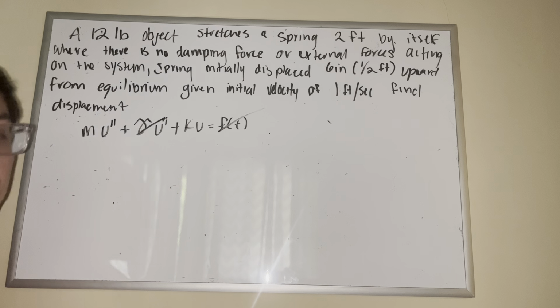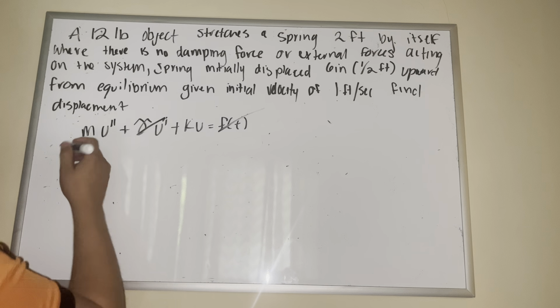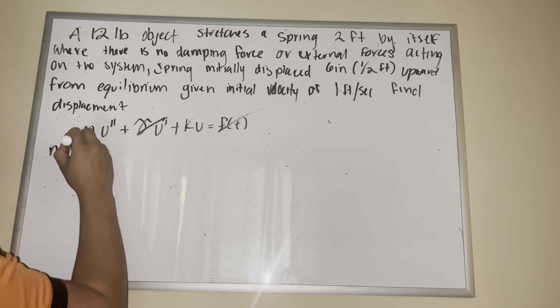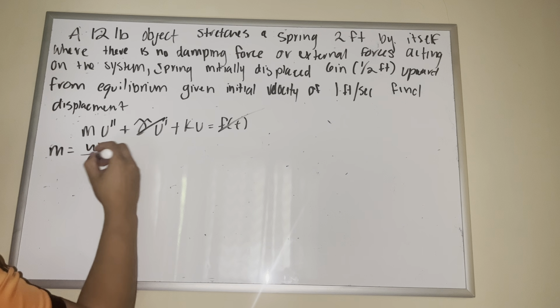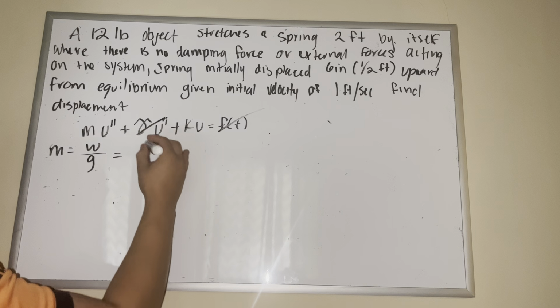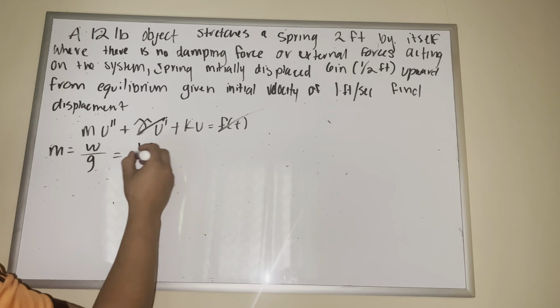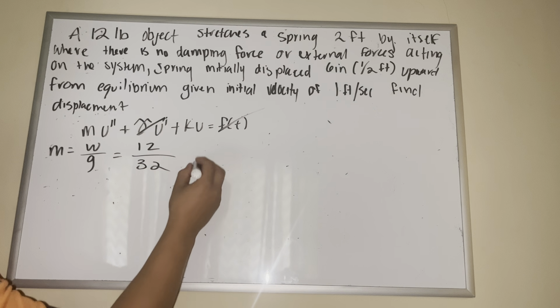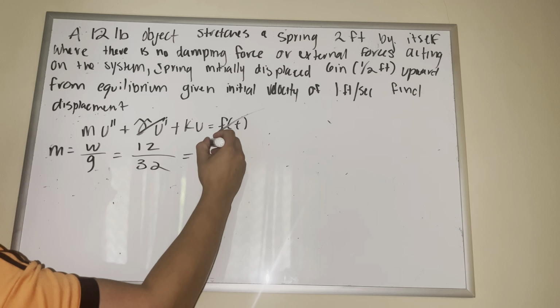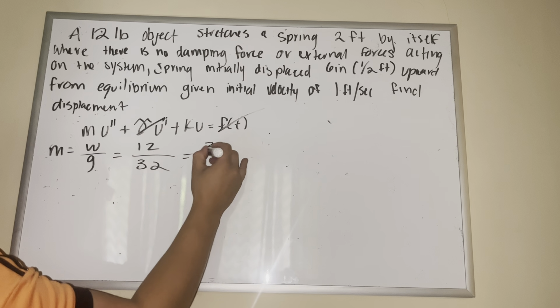To find m, that is the mass, we get that from this equation: mass is equal to weight divided by gravity, or 12 divided by 32, and that is equal to 3/8.